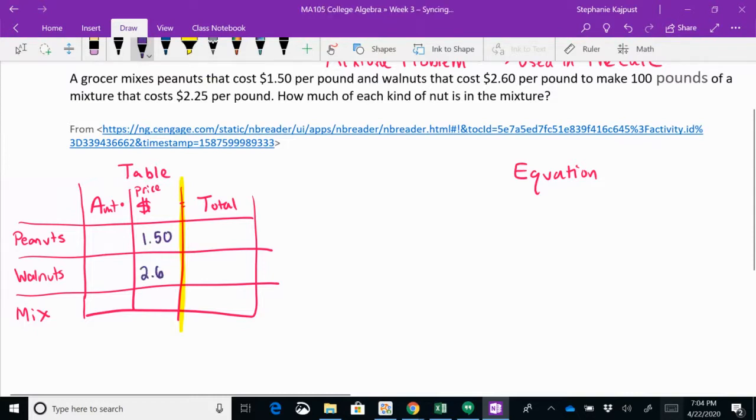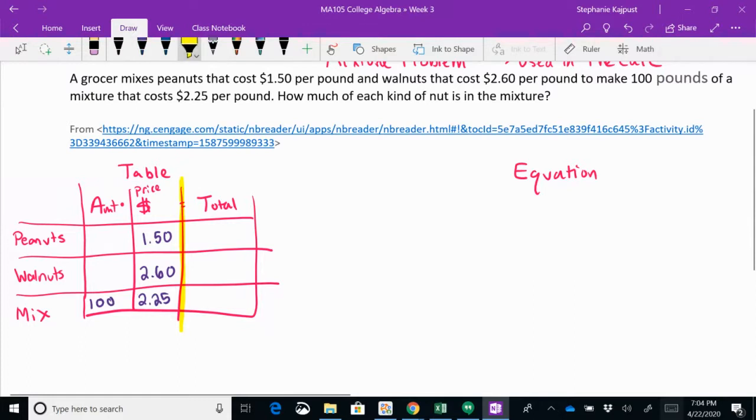Walnuts are $2.60, and our mixture is going to be $2.25 a pound. So I'm filling in the information under price, and then we fill in what we know about the amount. It says we want 100 pounds of a mixture, so we put 100 right there.